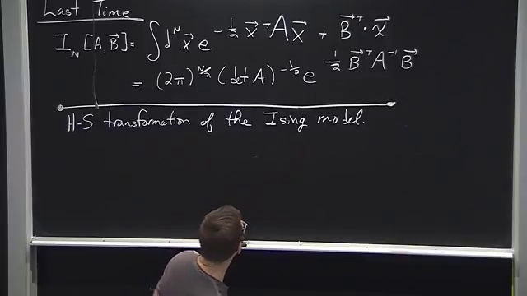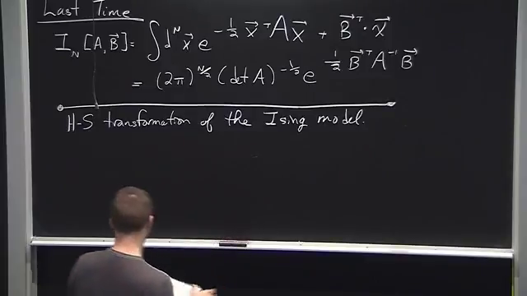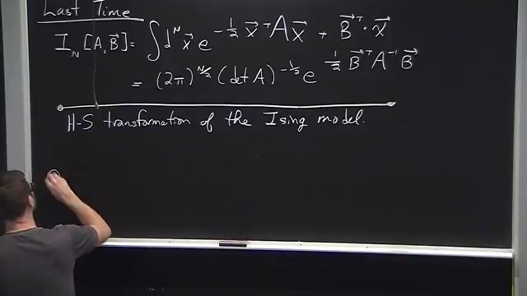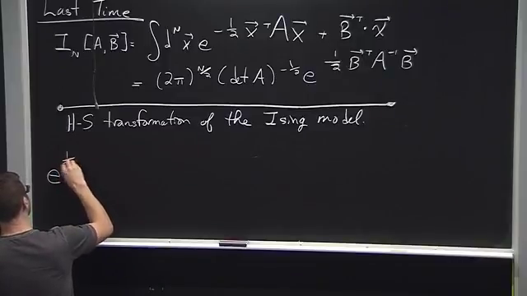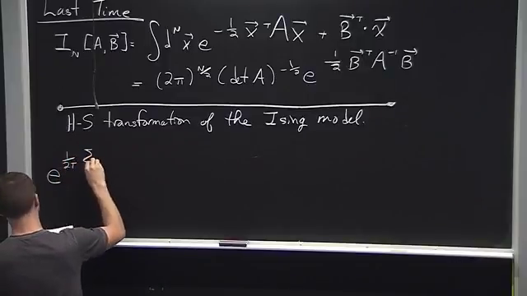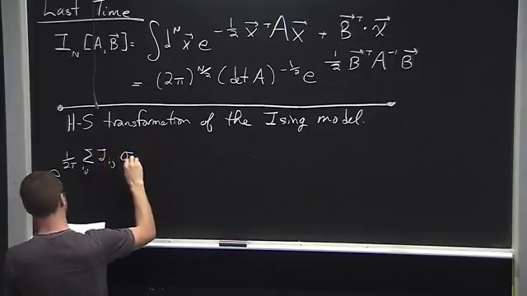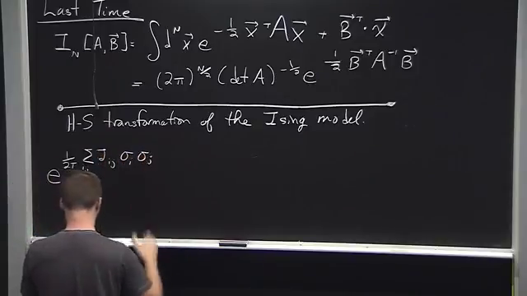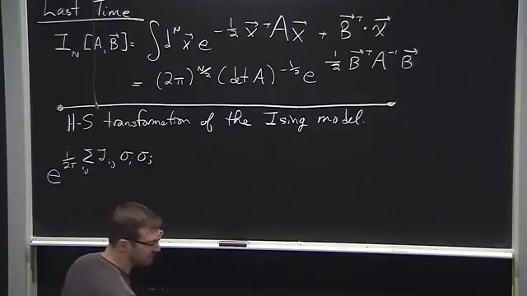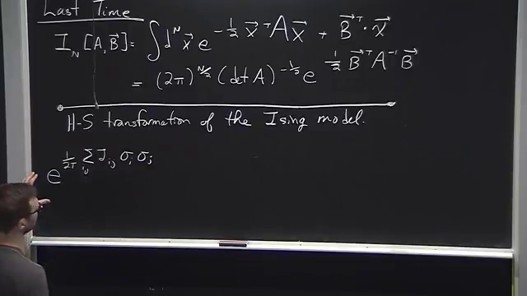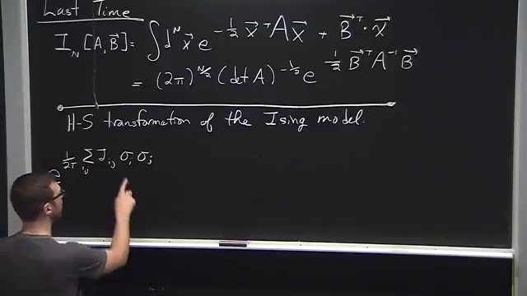So for the Ising model, the object that's transformed by the Hubbard-Stratonovich transformation is this, which goes in the partition function. So the partition function is just a trace over all spin variables, right?